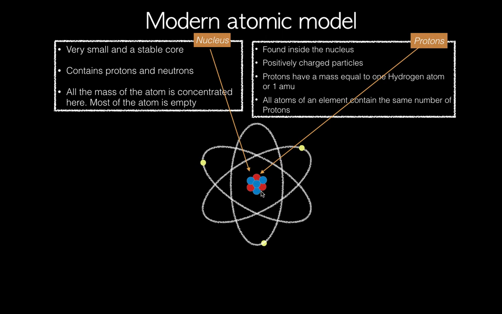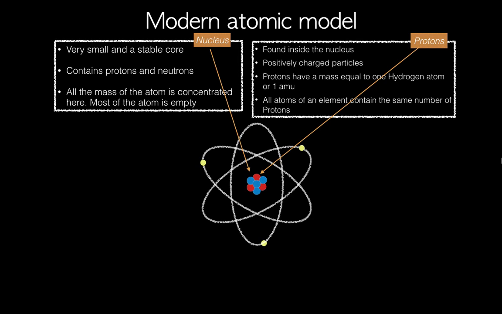The protons are positively charged particles, and the protons have a mass equal to 1 AMU or 1 hydrogen atom. We know that the hydrogen atom contains just one proton, and that is taken as a standard to measure mass at the atomic levels, and that is defined as 1 atomic mass unit or 1 AMU.